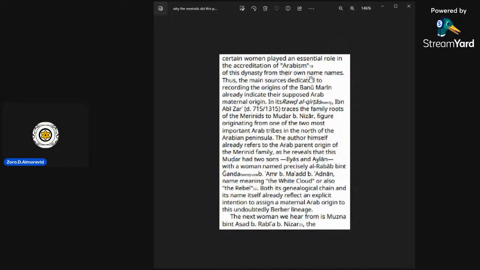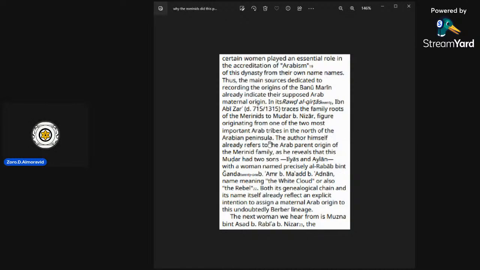So we see a lot of the family roots, for example, in Rawd al-Qirtas, Ibn Abi Zar traces the family roots of the Marinids to Mu'tar ibn Nizar, a figure originating from one of the two most important Arab tribes in the north of the Arabian Peninsula.